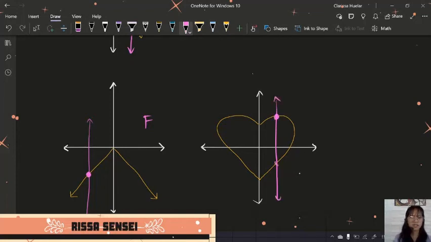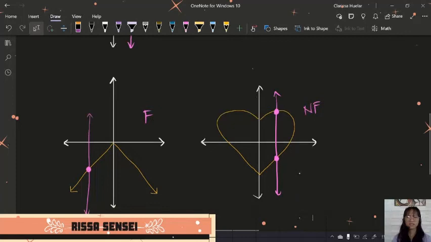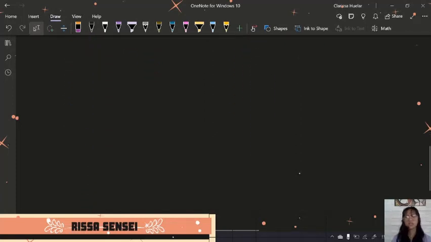Makikita natin that there are two intersections. Since there are two intersections, this is not a function. So, very easy kapag graph ang given. Madaling tingnan. Hindi nyo na kailangang hulaan. So, napakadaling tingnan kung ayan ay function or hindi.